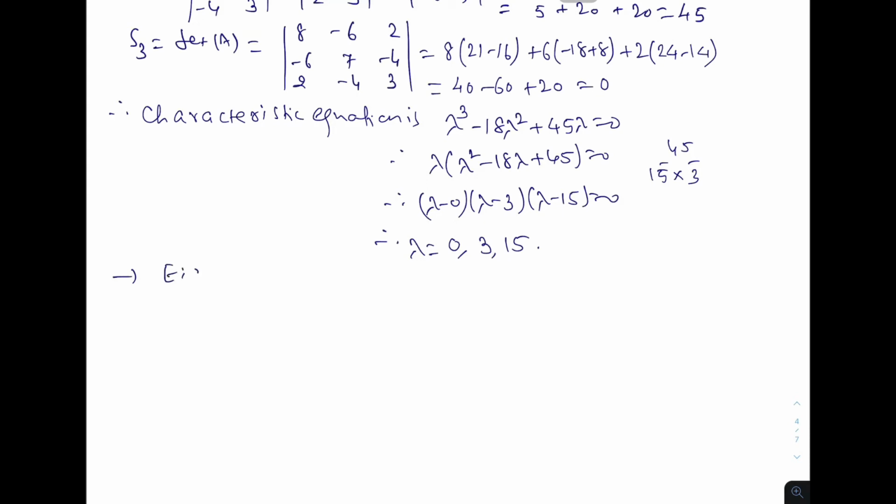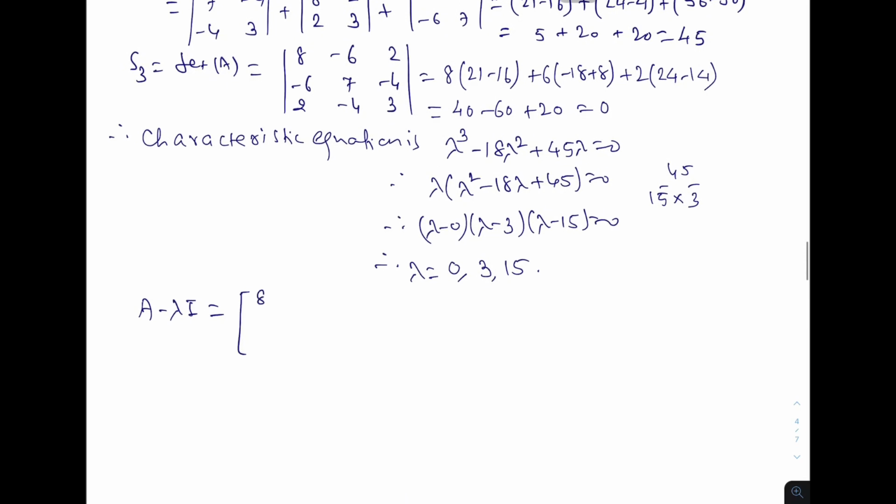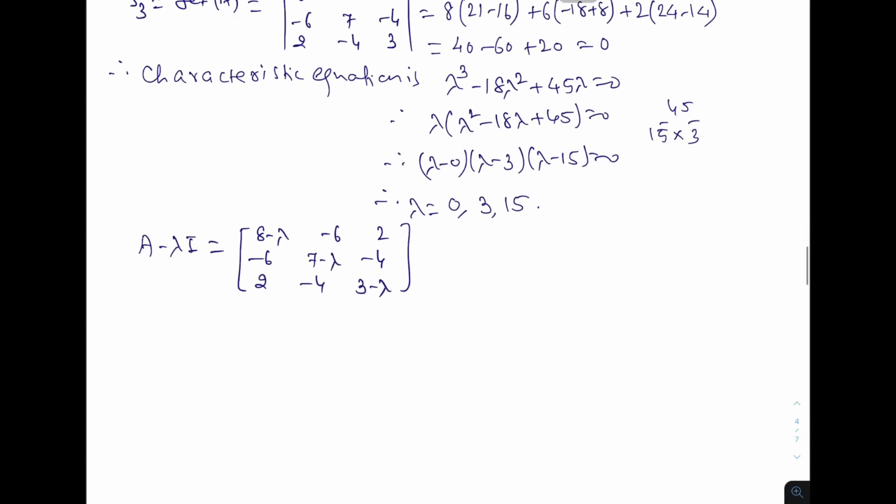So before finding the eigenvector, let us write the A minus lambda I matrix. That is nothing but 8 minus lambda, minus 6, 2; minus 6, 7 minus lambda, minus 4; 2, minus 4, 3 minus lambda. So this is A minus lambda I.